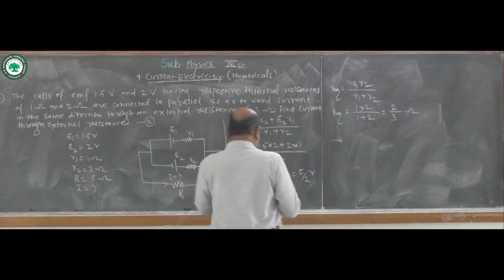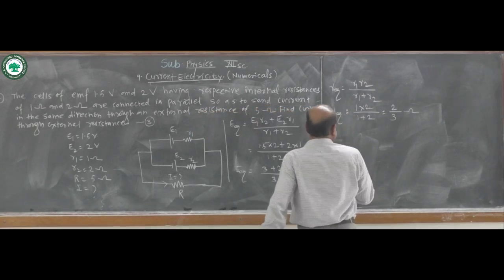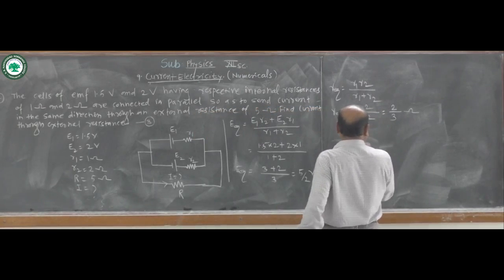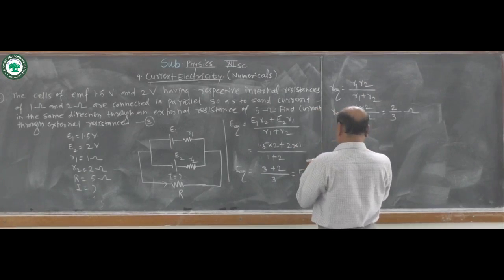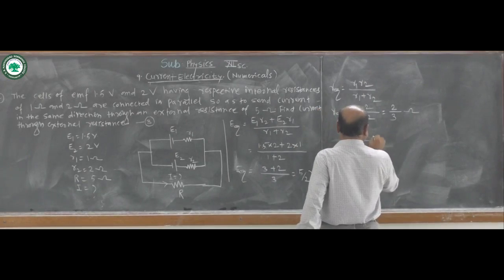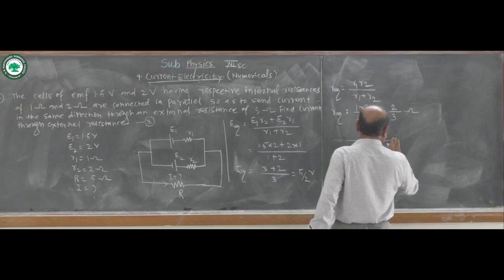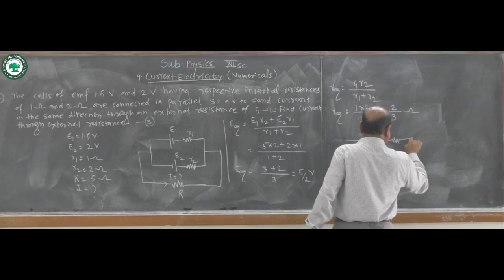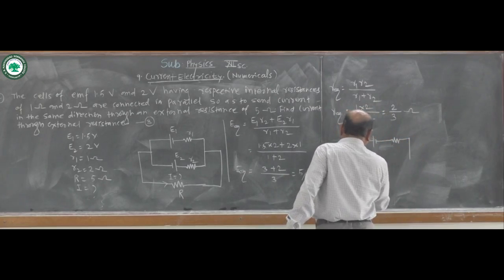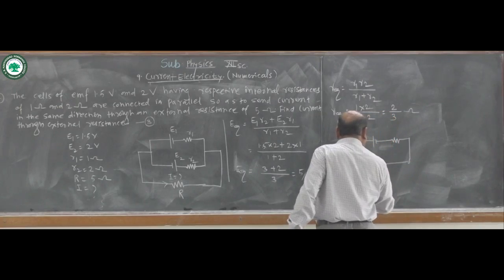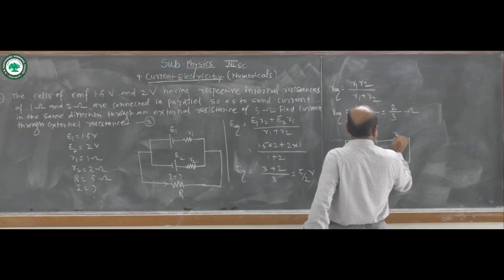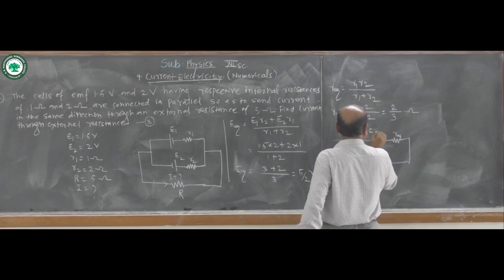Now this combination passes the current through that external resistance, and after simplification, the circuit becomes: this is a source of EMF E, then this internal resistance, and this combination is connected to the external resistance R here. This is r equivalent and this is E equivalent.